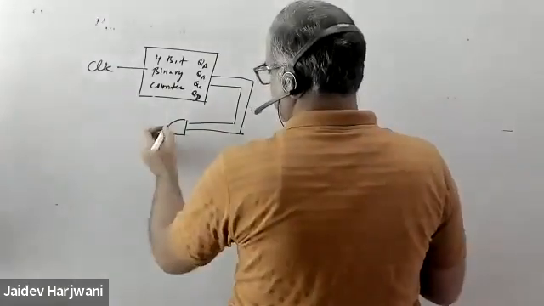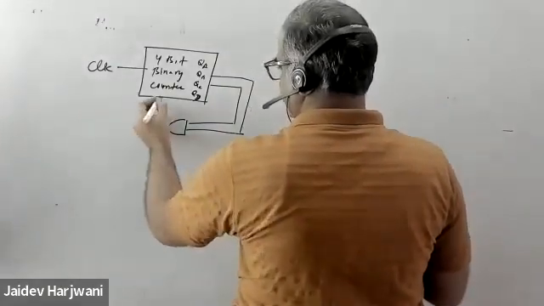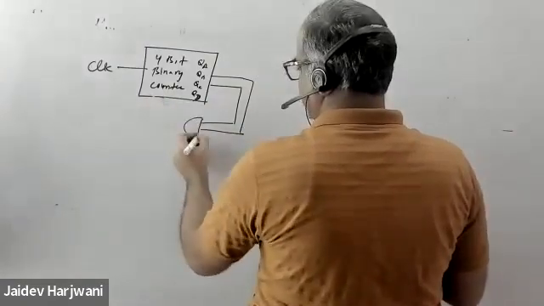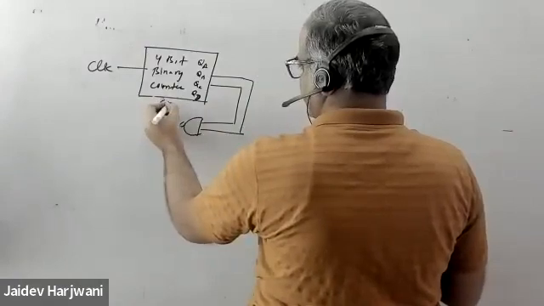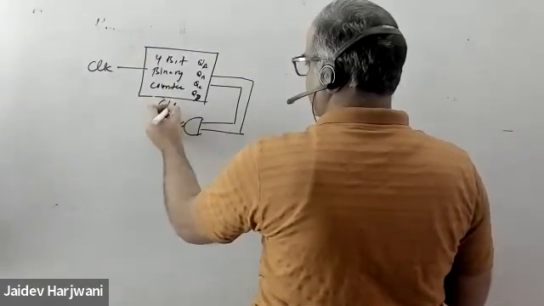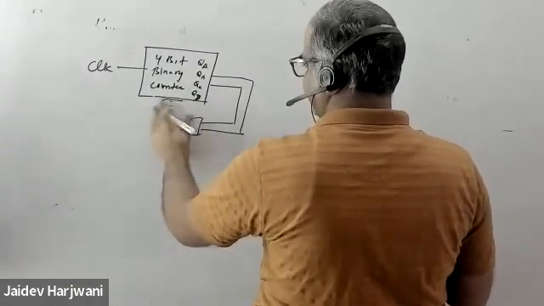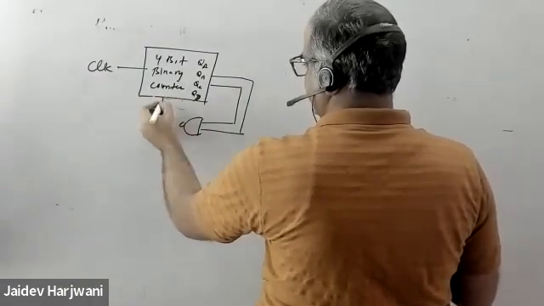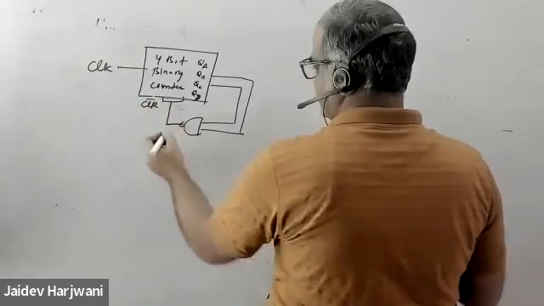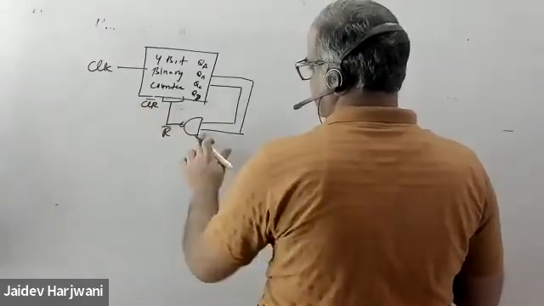This R bar is connected to the asynchronous clear bar. Here we have a clear bar, and R bar goes here.